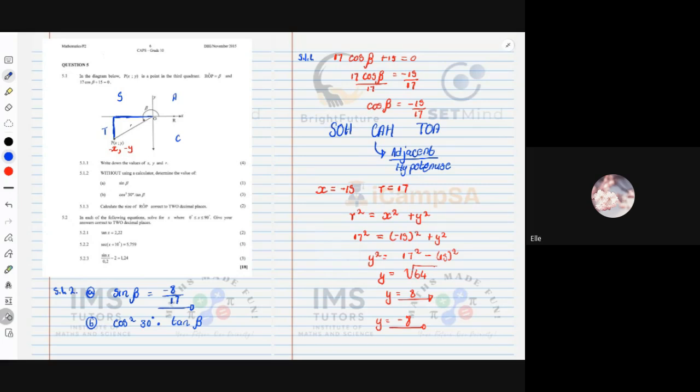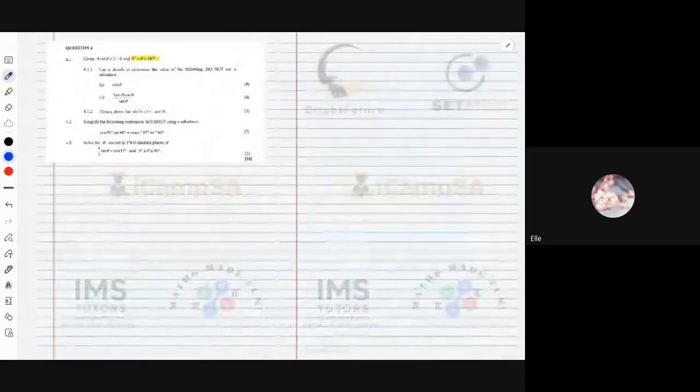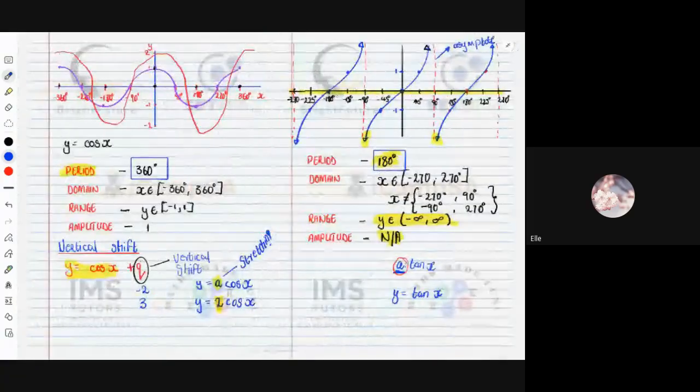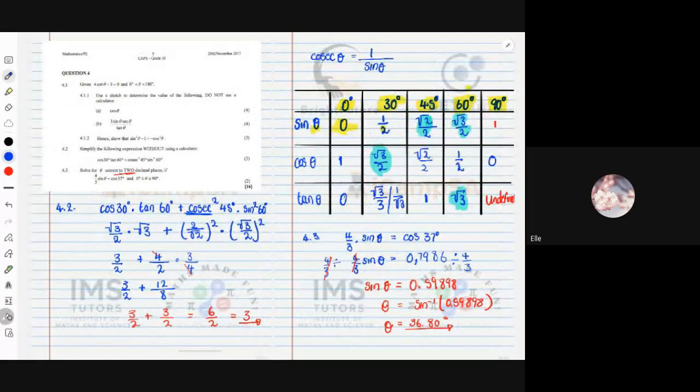Cos 30 degrees, if you remember, has to be root 3 over 2, if I remember the special triangles. Yes, it's root 3 over 2. That's your cos 30 degrees.